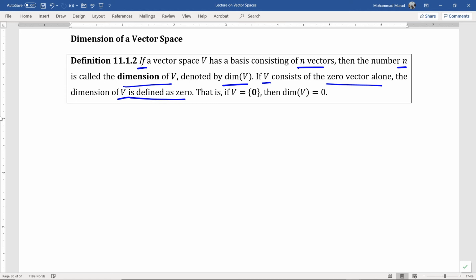That is, if V is the vector space consisting of the zero vector only, then its dimension is defined to be equal to 0.